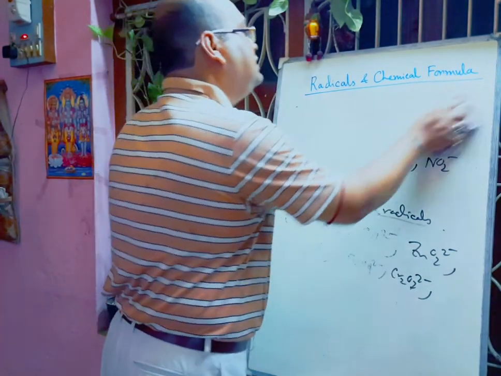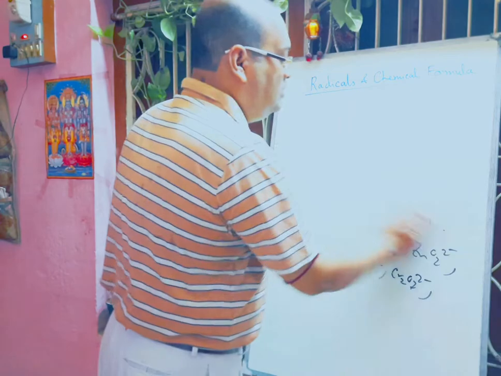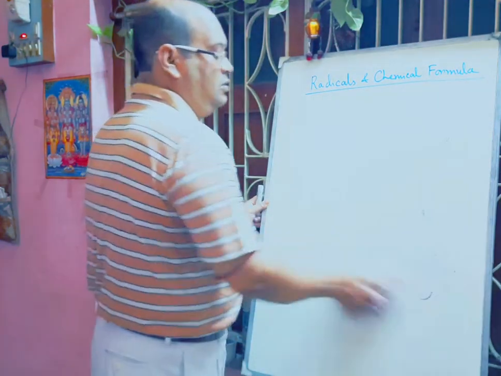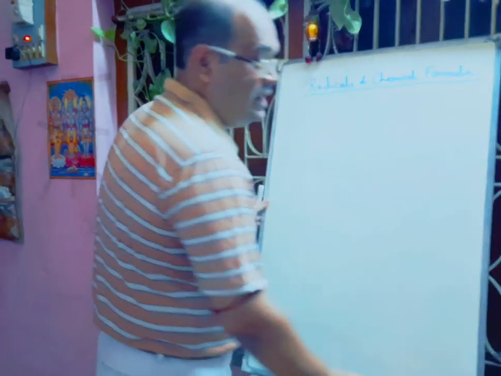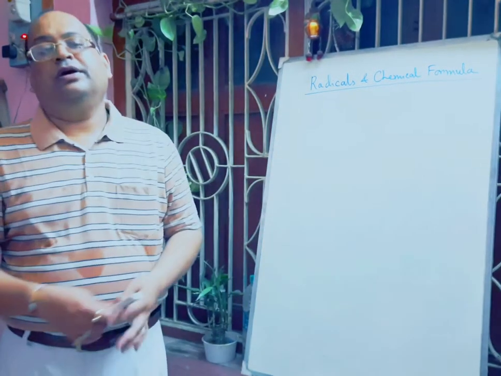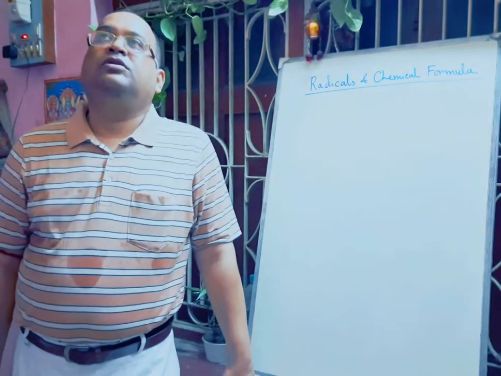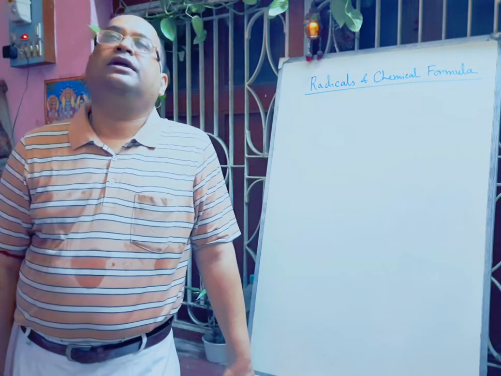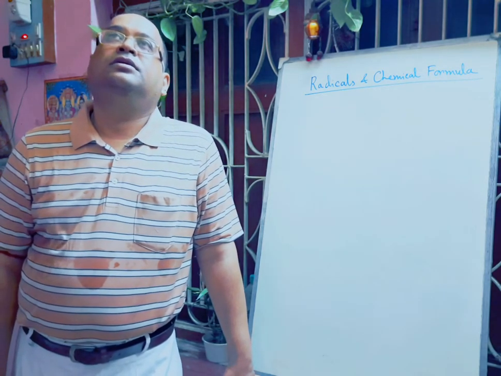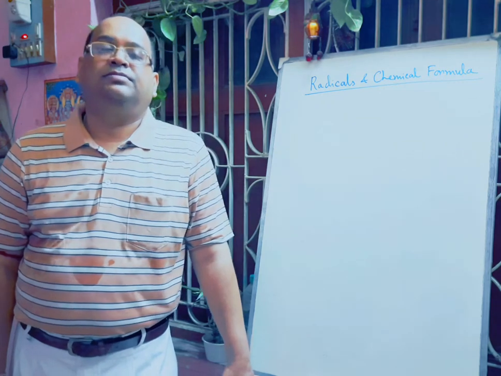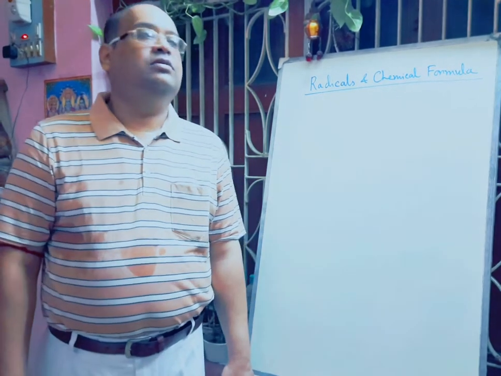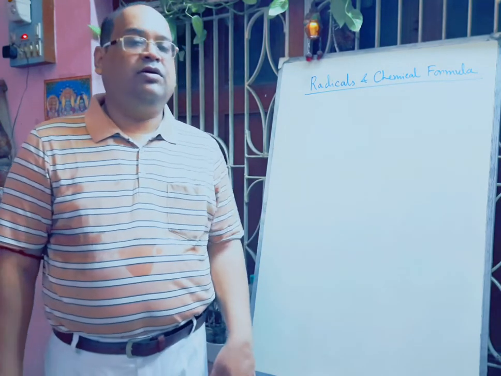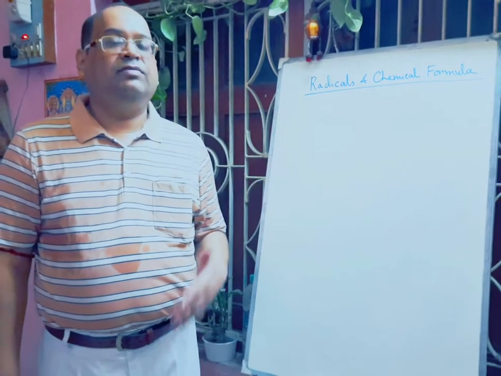Many radicals are given, and many are still not in your book. One book available in the market is The Language of Chemistry. I think it is written by an author whose name I forget, maybe Kollani Publications. That book may be helpful to get details about formulas, or you can get a chart from the internet.